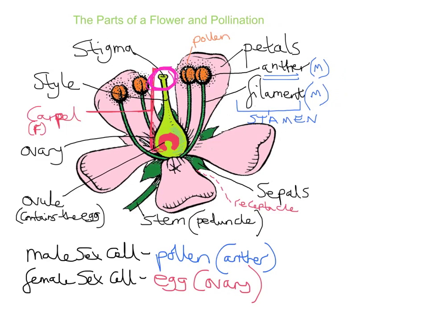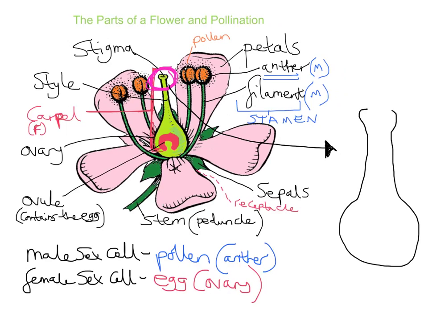I'm going to zoom in just on that bit, because what I want to do now is talk about pollination. So I'm going to redraw, not the best diagram, but just this central carpel part.